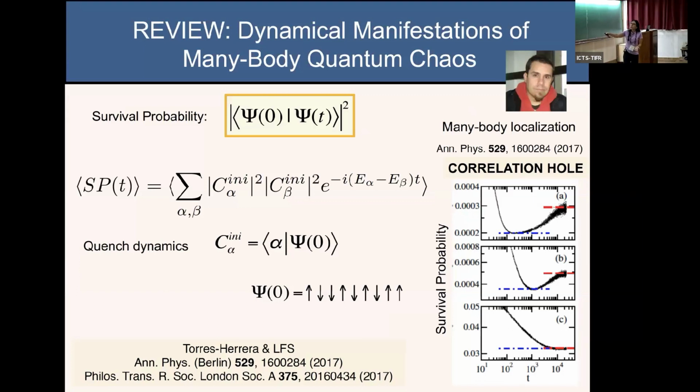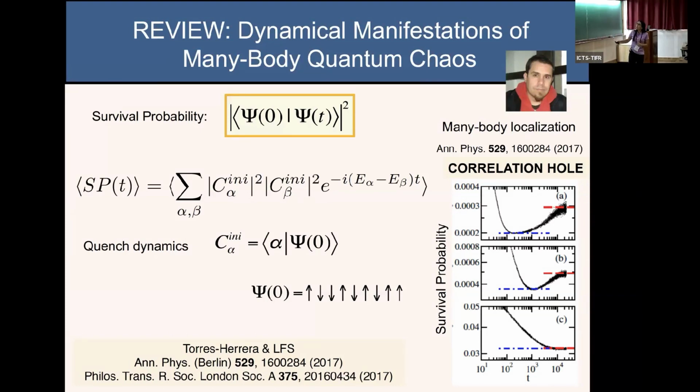So this is an extra tool to study the transition. As we increase disorder strength and we move away from chaos towards a possible localized phase, what happens to the hole? It gets postponed to later times, and it shrinks, and eventually disappears because we kill the correlations.